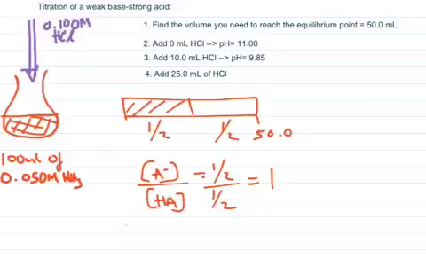When we plug this in, the log of 1 is 0, that means our pKa and our pH are going to equal one another. So our pKa, again, is 9.25, that we found from our Ka. So for this part, our pH will equal our pKa.